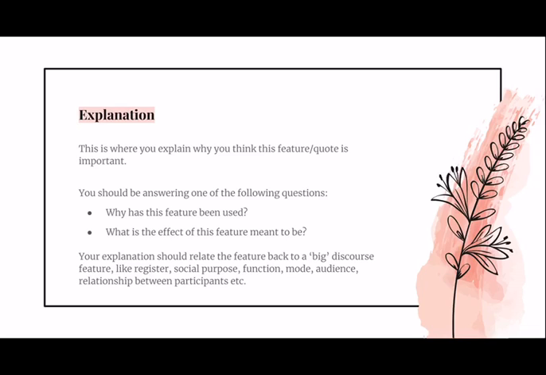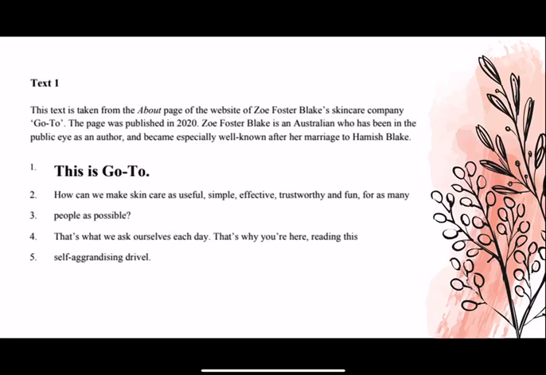Again, it's not an exhaustive list, but these are some of the things that you can link your features and quotes back to help you actually create an analysis. All right, so on the next few slides, I've included a text. I'd like you to read through it at your own pace, and once you've finished, we'll go through how you could actually write a fee paragraph on this text.